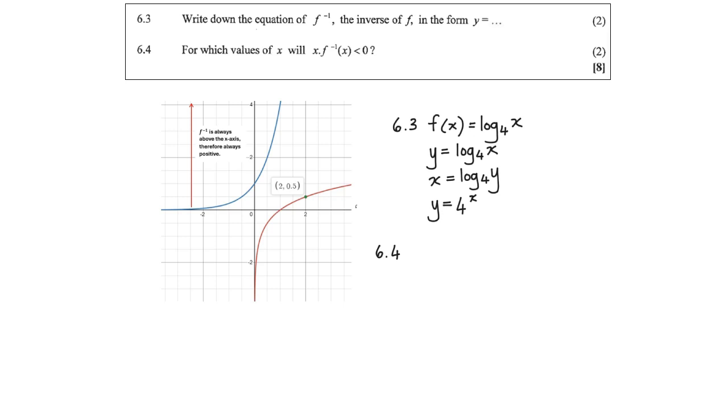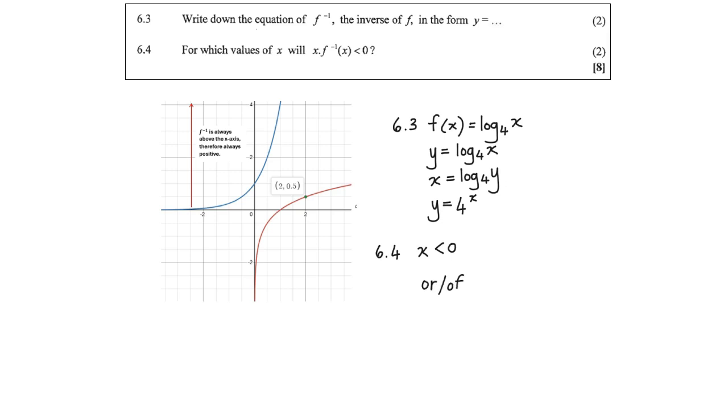So for the product of x and f inverse to be negative, it means then that since f inverse is always positive, x has to be negative. So if we look at a graph, where are all the x values negative? X values are negative when they are smaller than 0.